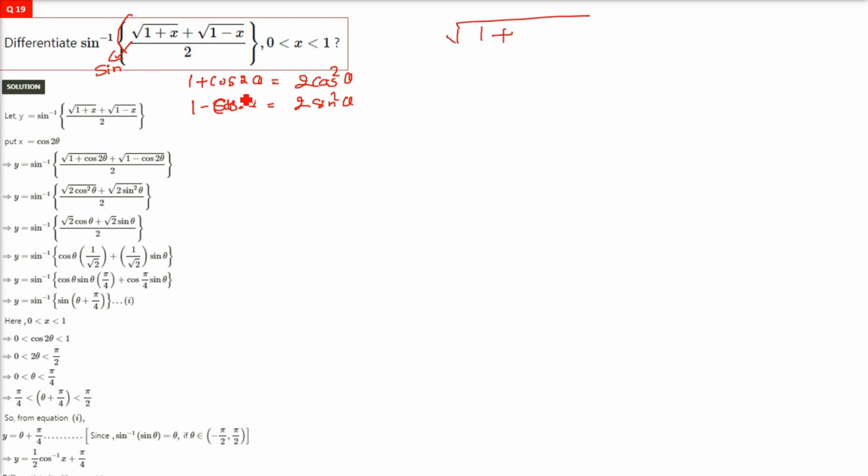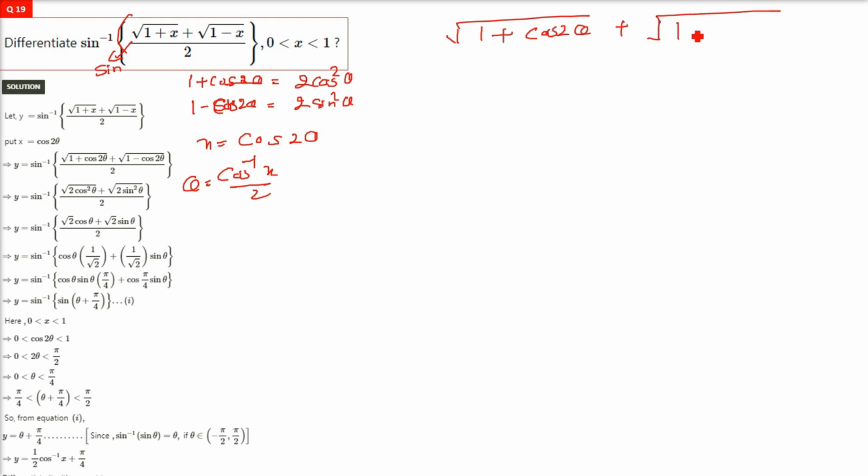So in place of x, replace it by cos 2 theta. 1 plus cos 2 theta, and 1 minus x, 1 minus cos 2 theta. So what you will get here is, cos inverse x is 2 theta. Theta will be cos inverse x by 2. So essentially you have to differentiate in the later part of this question cos inverse x by 2.